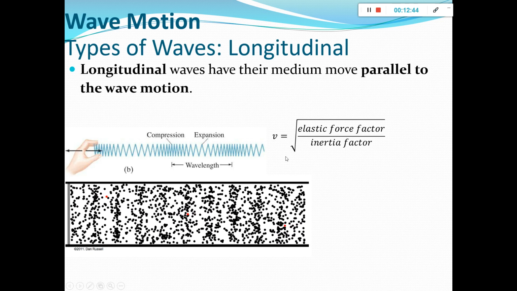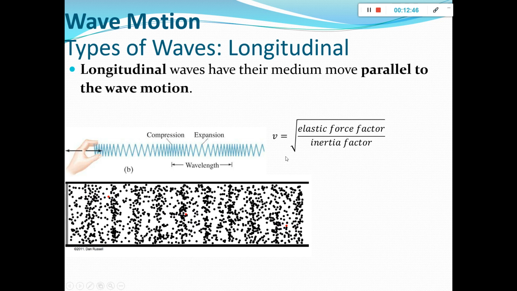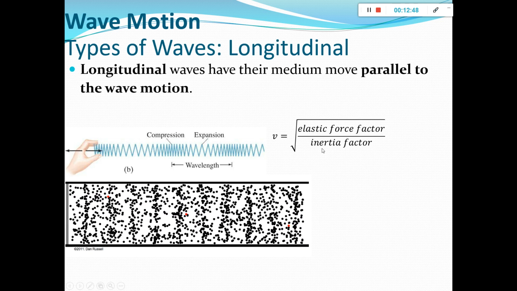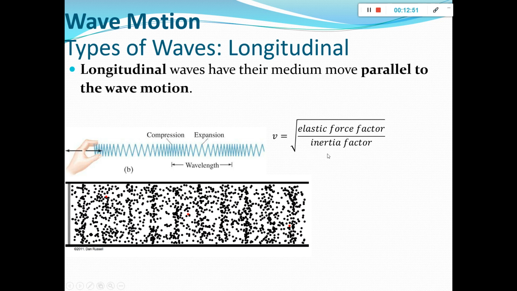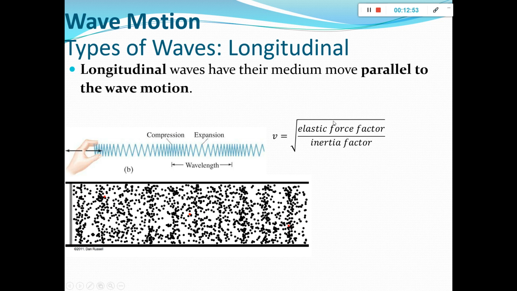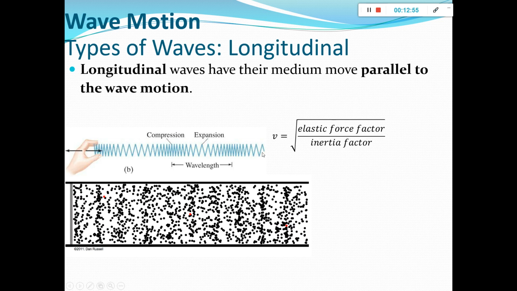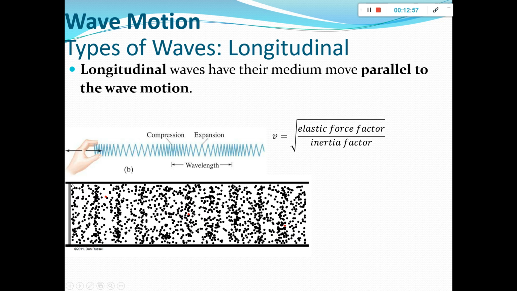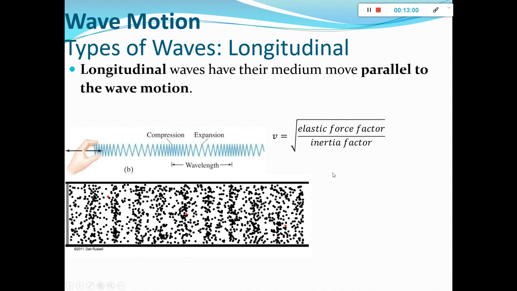And then it was divided by the mass per unit length, which is essentially the inertia factor. So we can use that as a blueprint for what the velocity would be for a longitudinal wave.